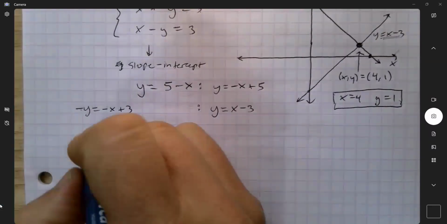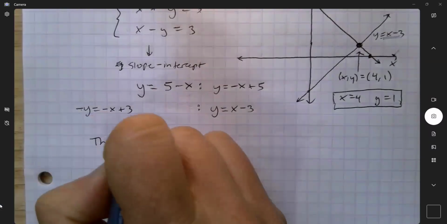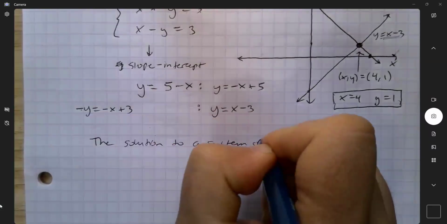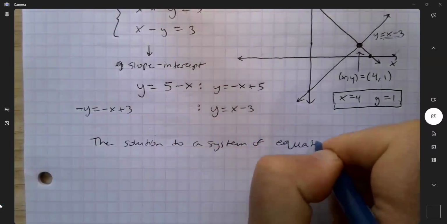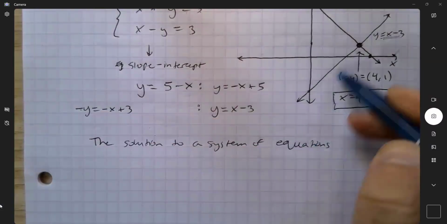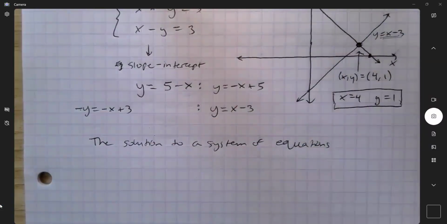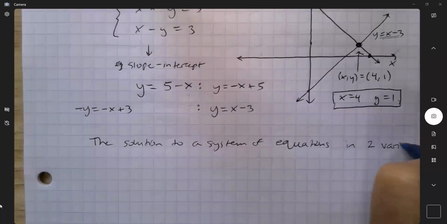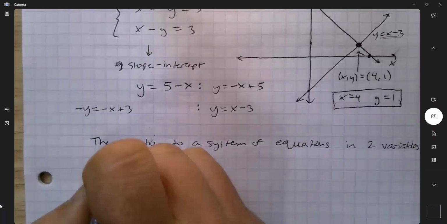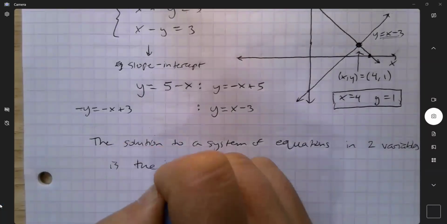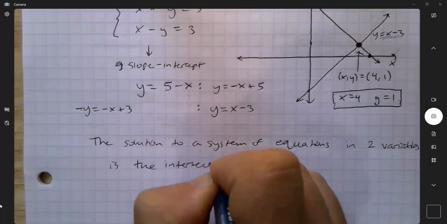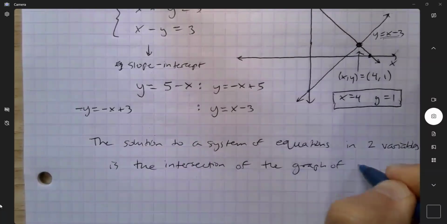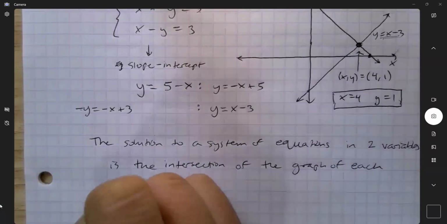So the takeaway from this example is the solution to a system of equations, at least two equations and two unknowns, how about a system of equations in two variables, is the intersection of the graph of each equation.